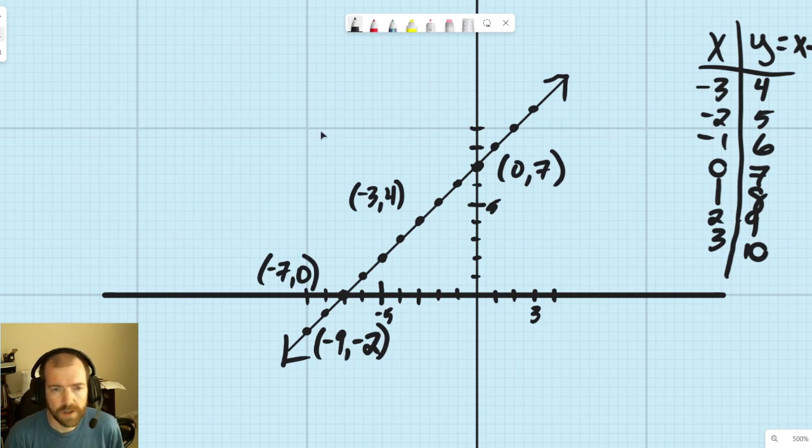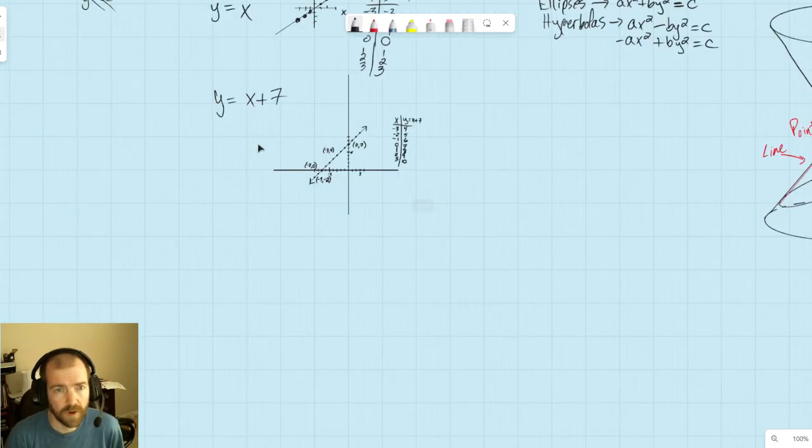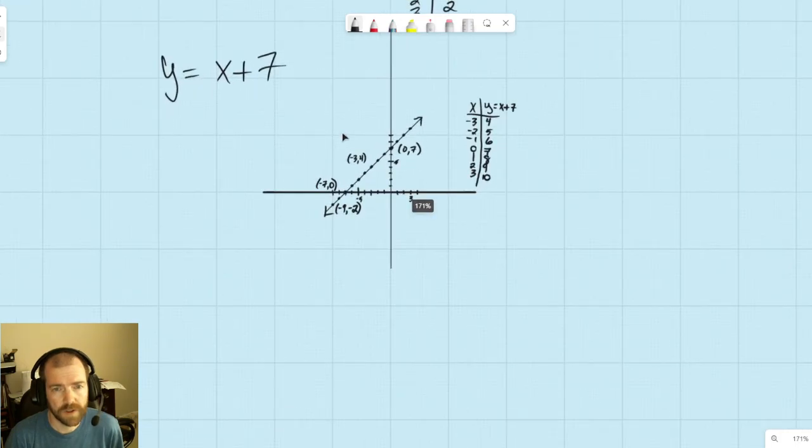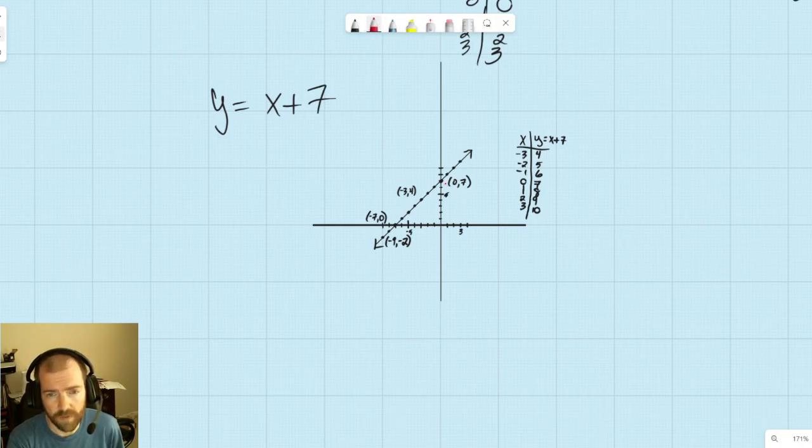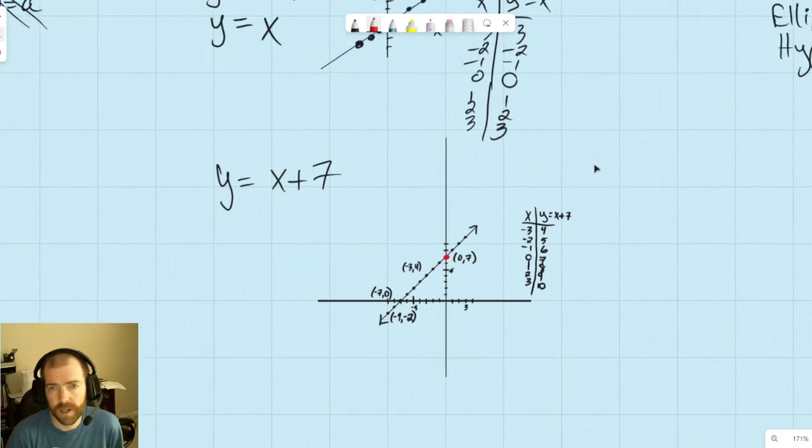All right, so when we look at this, you can see this nice pattern. We can see that our vertical value, we started with this point here, which was originally at 0, 0.